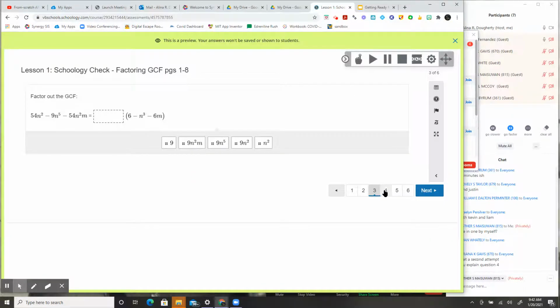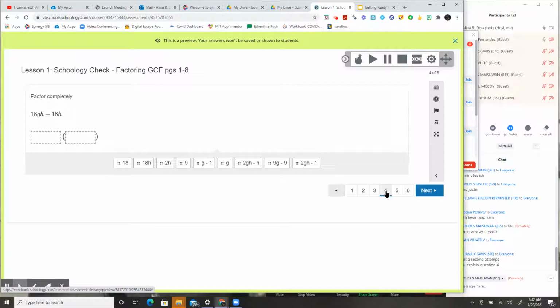So let's look at question 4. What can I take out and put outside the parentheses? What can I divide both of those by? 18. Is there a variable in common between the two of them? H. So I need to take the 18h out. And if you do that, what's left over?